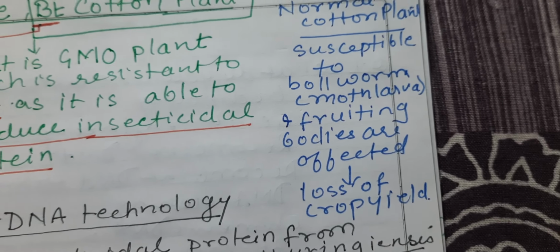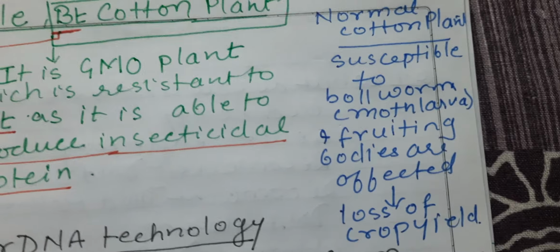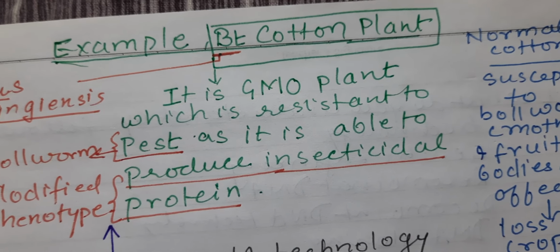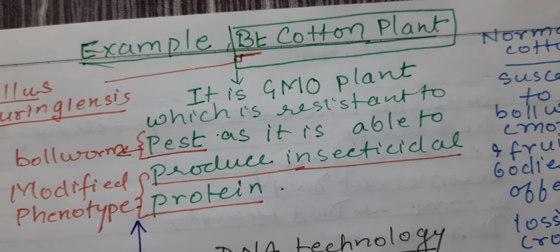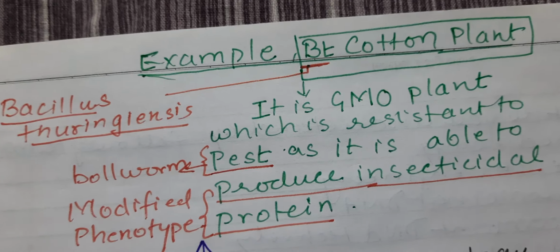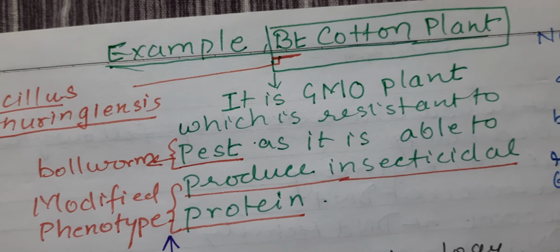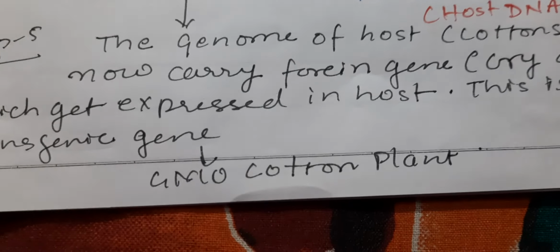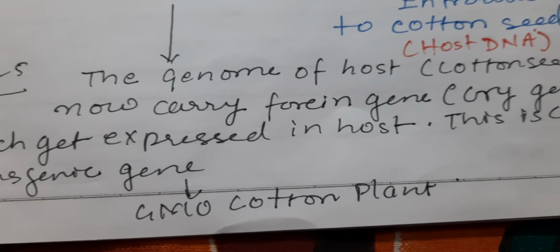Earlier this normal plant was susceptible to bollworm. Now since this GMO plant is able to produce the insecticidal protein, that is cry protein, this protein will provide resistance to the pest to the plant. So we say this is a genetically modified cotton plant.